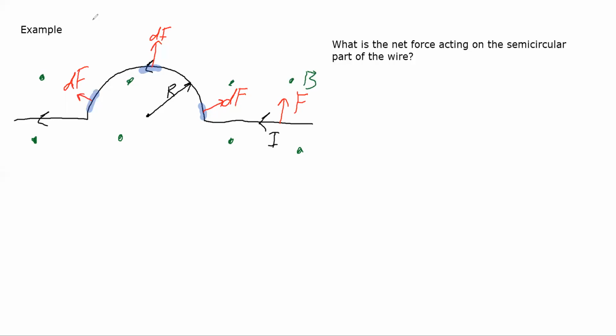Remember the magnetic field is coming out towards you. All right, so anyone see that? Those different forces? We are applying the right-hand rule here. So let me look at one of them. Let's look at this one right here, because you're going to do the same process for the rest of it.